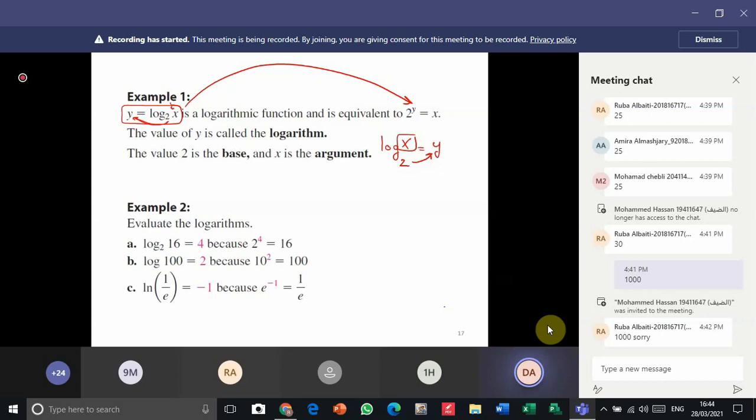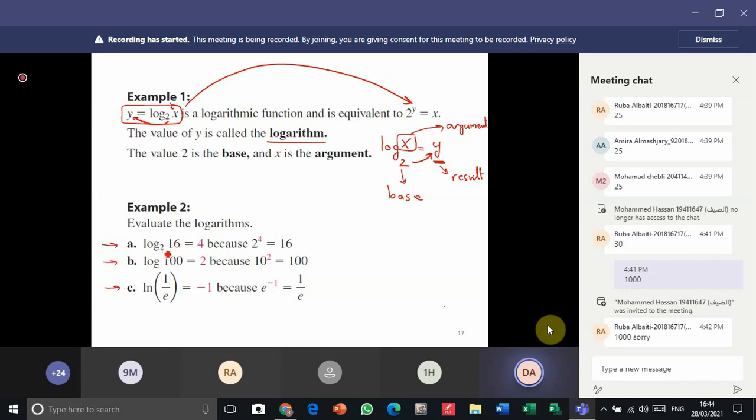Now the value of y is called the logarithm. The value of y is the value of the logarithm. e is the base, x is the argument, and y is the result of the logarithm.